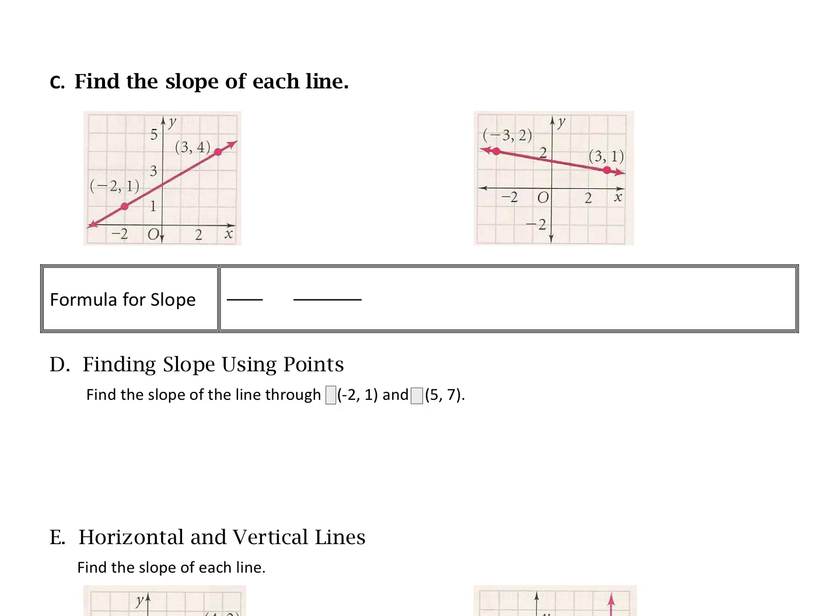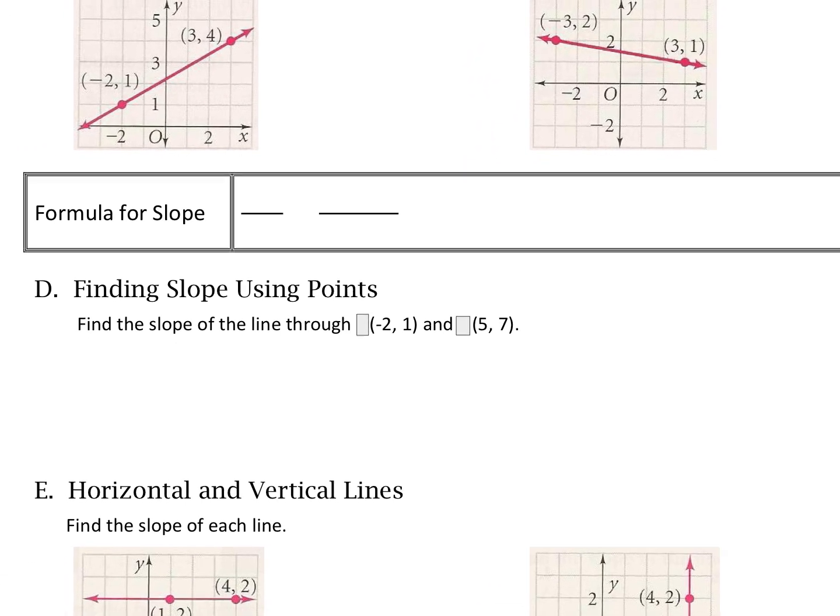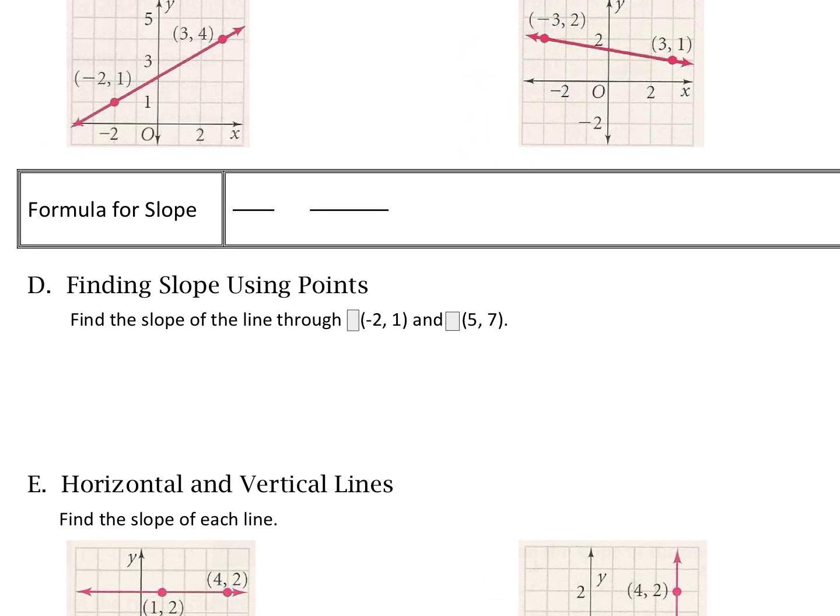Find the slope of each line. So in this case, before I do the first example, I would like us to show the formula for slope. Slope is what we call rise over run. Rise divided by the run is equal to the vertical change over the horizontal change.